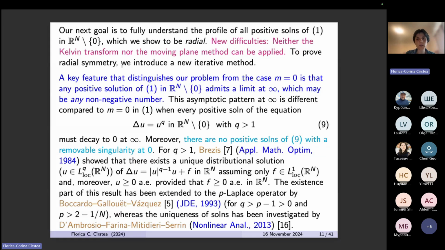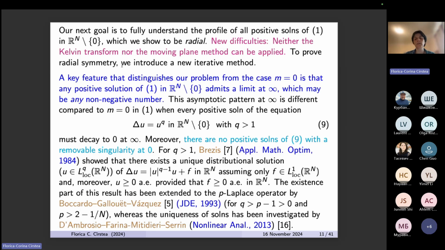If you take a positive solution in R^n minus 0, we will prove that when m is strictly greater than 0, it admits a limit at infinity and can be any non-negative number. It can be 0 or any positive number. And we prove existence of solutions with such property, that the limit can be any positive number you want.